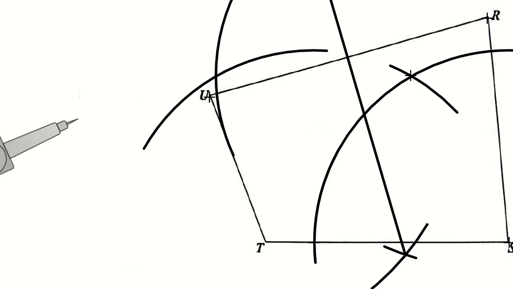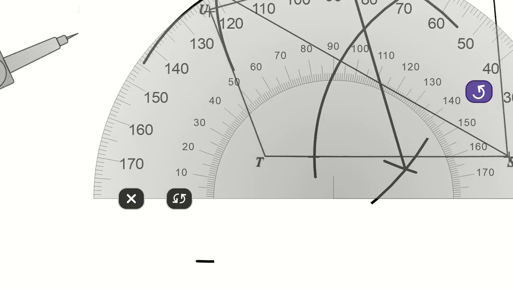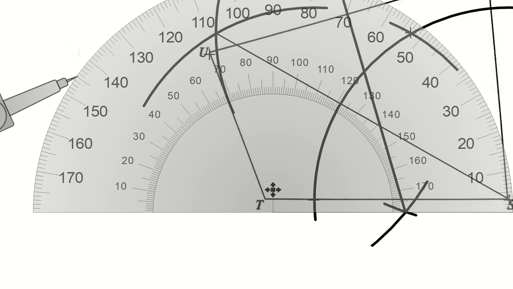I'll just zoom in. It's going to be here. Now, you can check it if you want. You could use a protractor. Let's go ahead and use a protractor. The angle LST, that angle at S, should be 30 degrees.